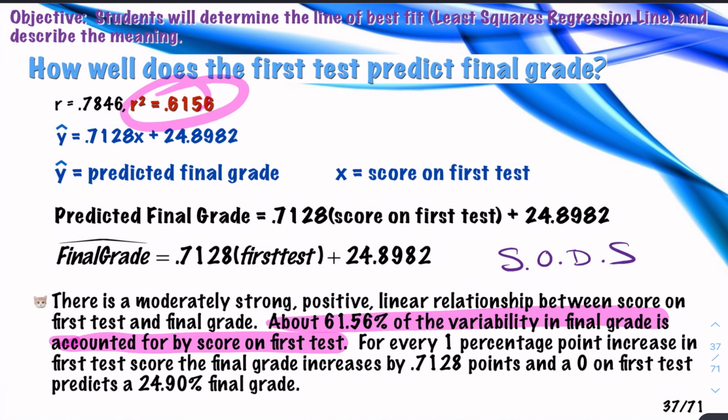For every 1 percentage point increase in our first test score, the final grade increases by 0.7128 points. This is our interpretation of our slope. And a 0 on the first test predicts you're going to get a 24.9% for your final grade. That is our y-intercept. Notice how we are slowly building our interpretation to be a wider amount of information. That's why we constantly need to practice this.